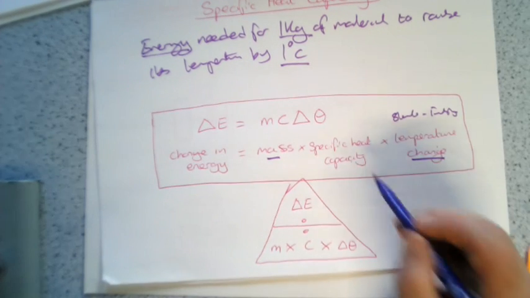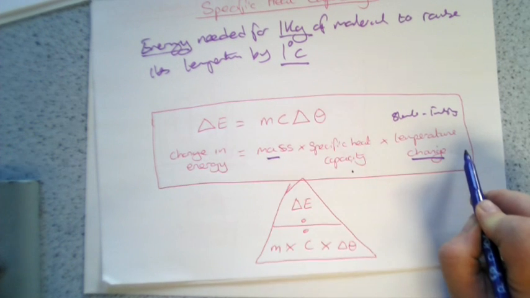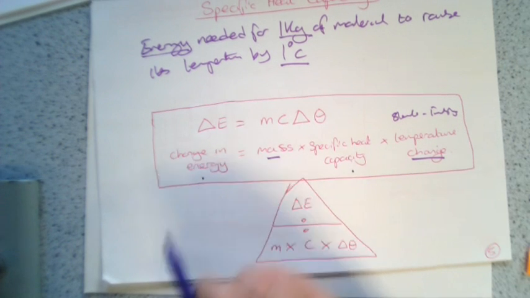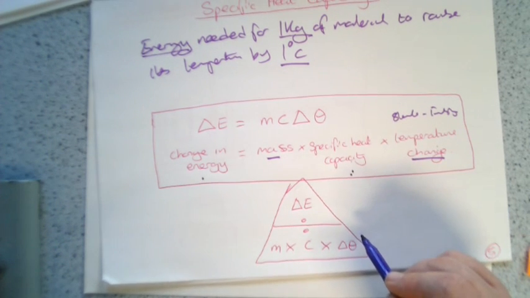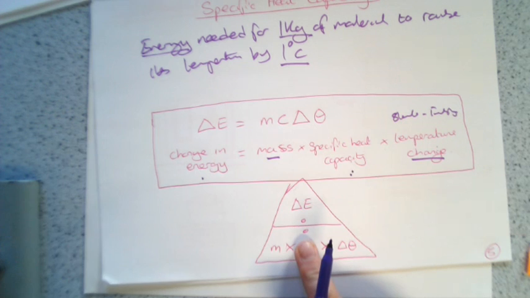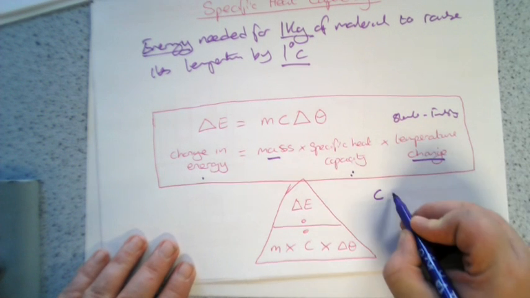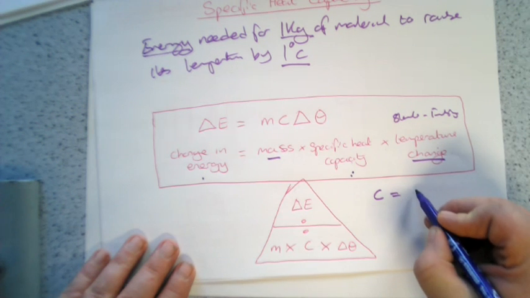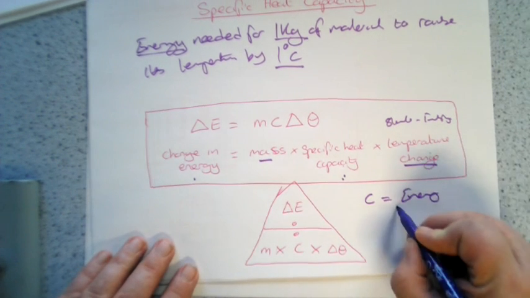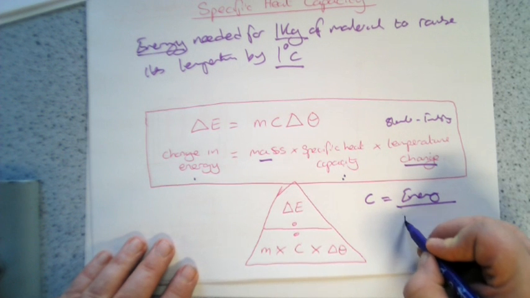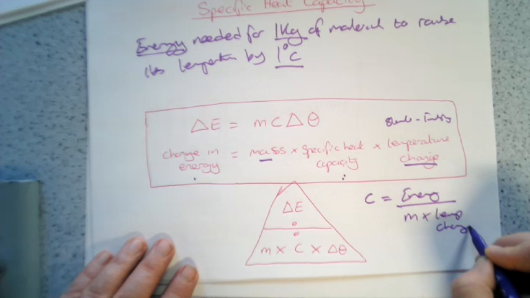Okay. Now, if we're given specific heat capacity, it's straightforward. Multiply them all together, and that'll tell you the energy. If we're trying to work out the specific heat capacity, that's where we need to rearrange our formula, okay? So if I wanted to rearrange it to look at specific heat capacity, that would equal our energy divided by our mass times the temperature change, okay?